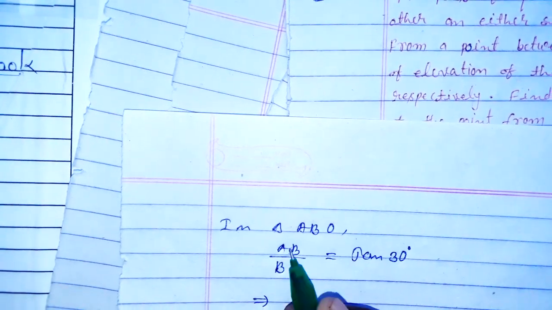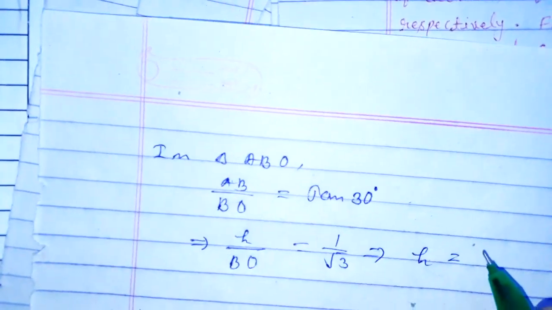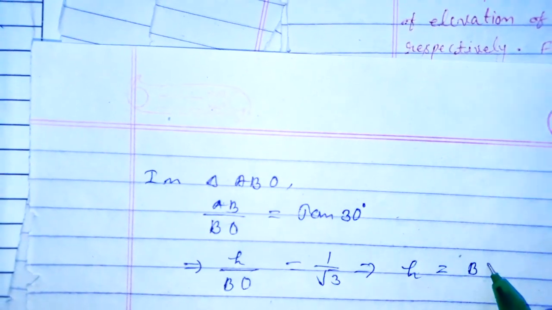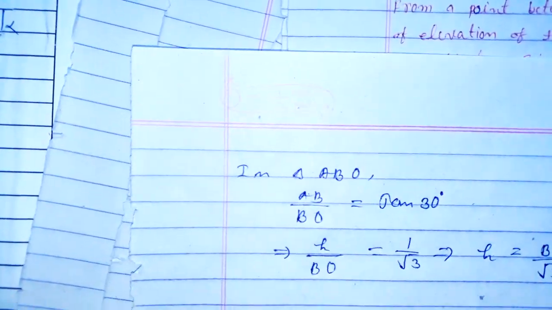Let AB be h. So h upon BO is equal to 1 upon root 3, which implies h is equal to BO upon root 3. Take this as the first equation.